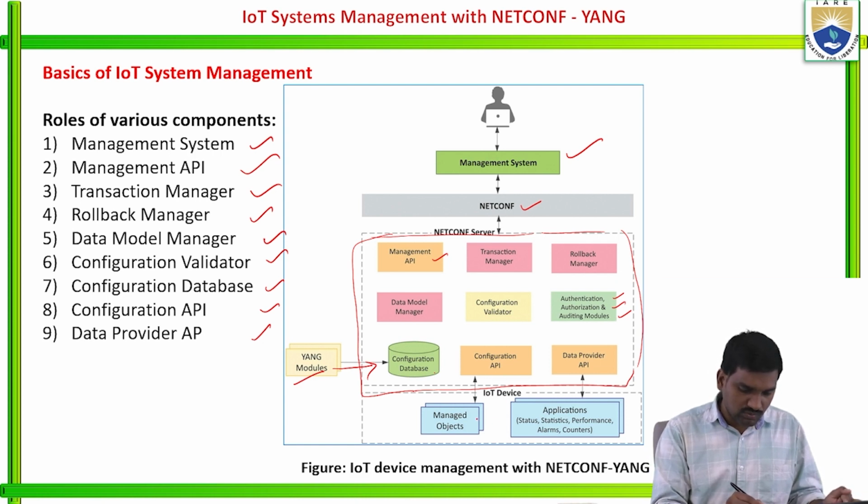This connects to the IoT device, which is managed by the managed object. We are going to develop applications covering status, statistics, performance, alarms, and counters. This is the basic block diagram of IoT device management with network configuration and the YANG module.